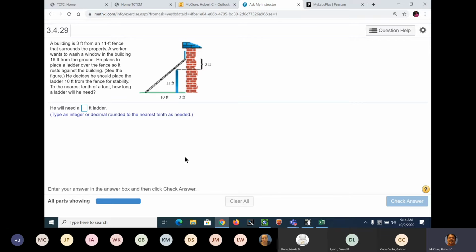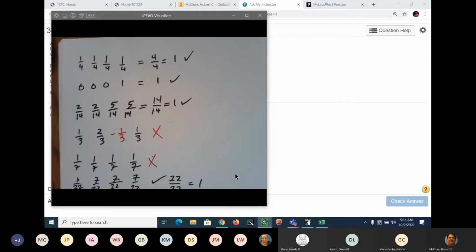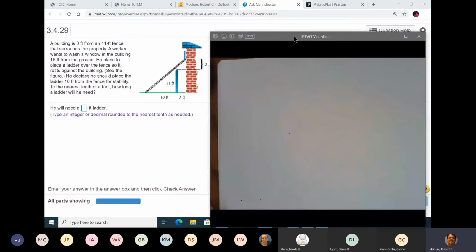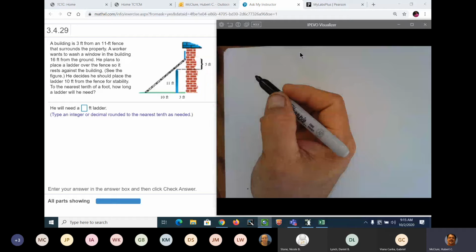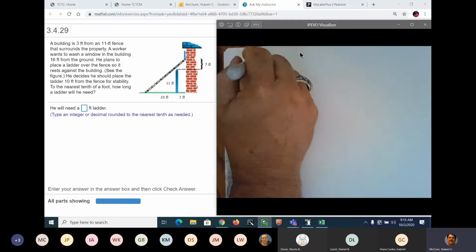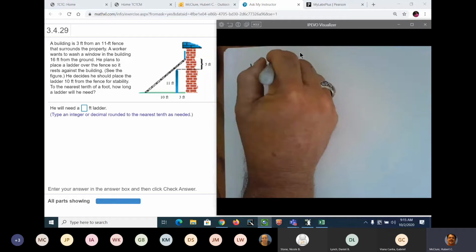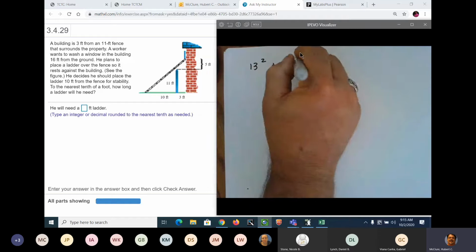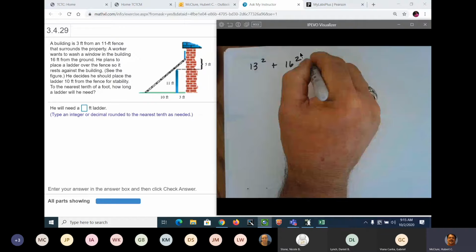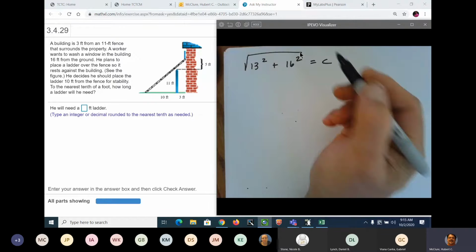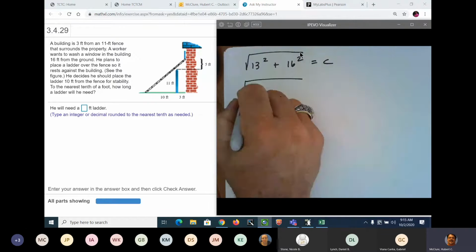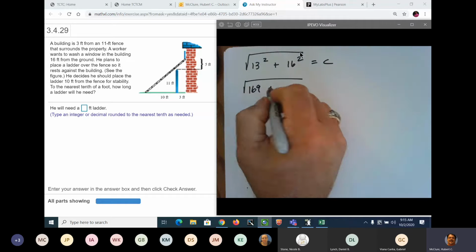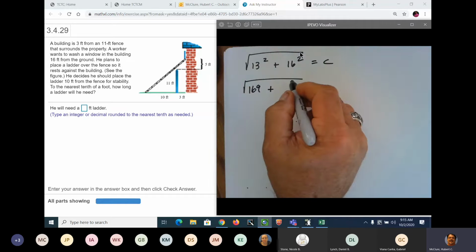I'm not sure, but we can take our handy dandy calculator, and we have 10 plus 3 feet, that's 13 feet, squared, plus 16 feet squared is equal to C squared. Take the square root of it, and that's going to be 169 plus 16 is 196, isn't it?